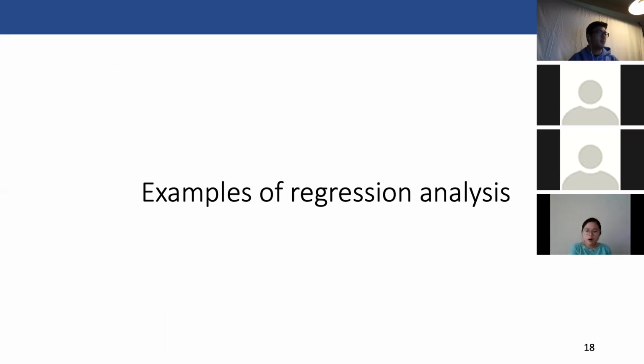To give some motivation, I wanted to give some examples of regression analysis that I think are pretty interesting and have made some kind of a difference when it comes to application of data and what people have learned.